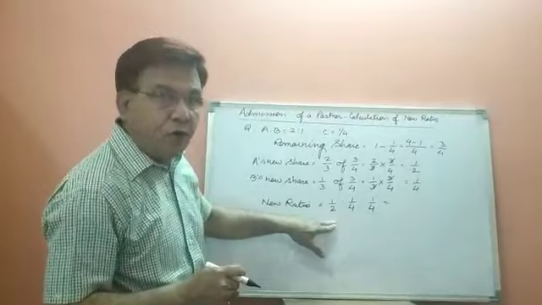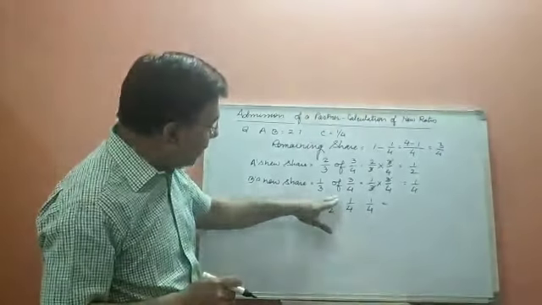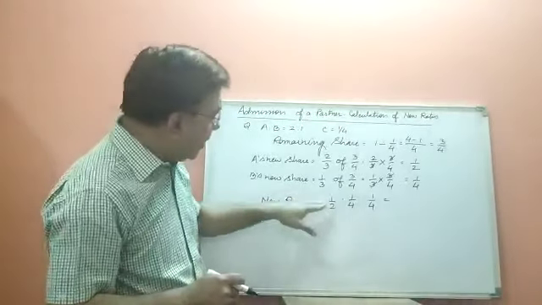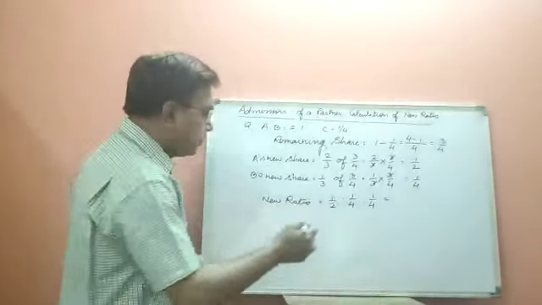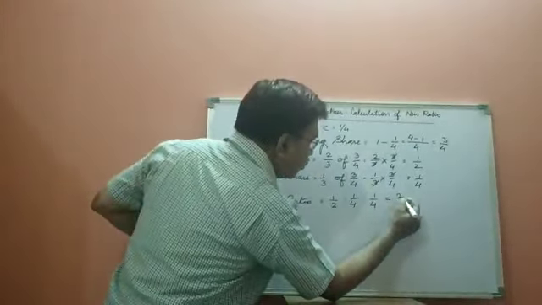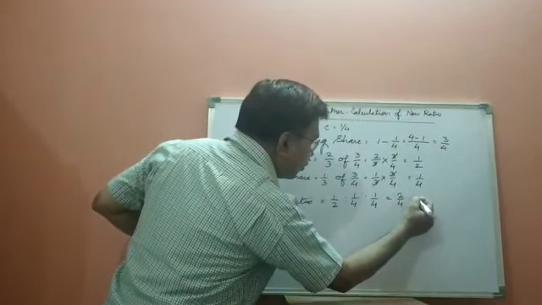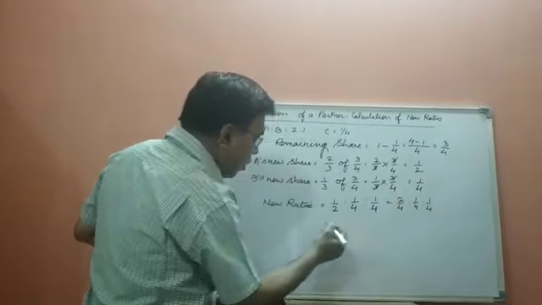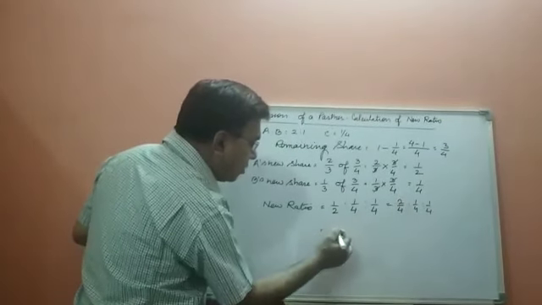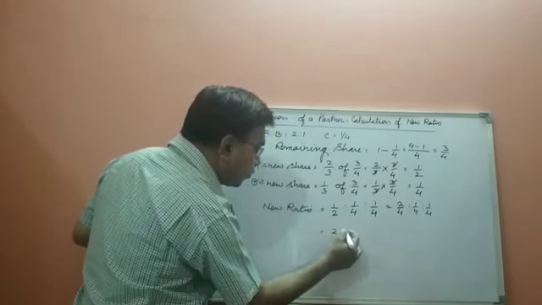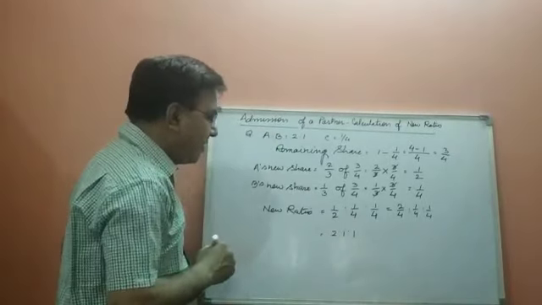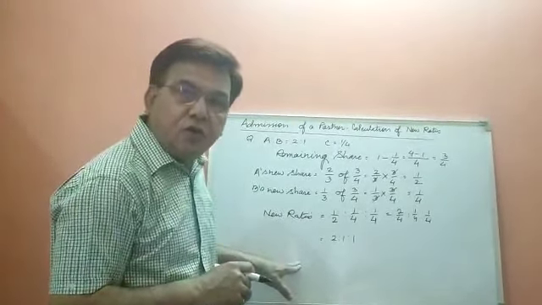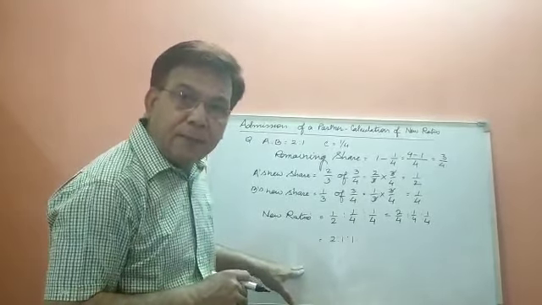To make it 4, we'll have to multiply it by 2 and divide it by 2. So it will become 2/4. See how. 2/4 is to 1/4 is to 1/4. Or this can be written like 2:1:1. This way we have calculated new ratio 2:1:1.